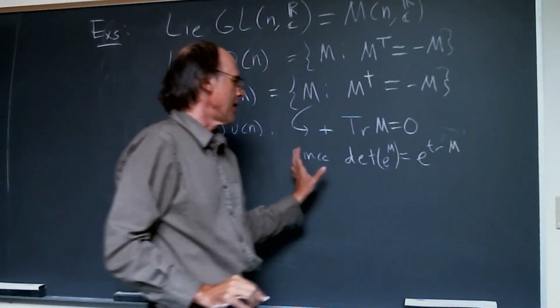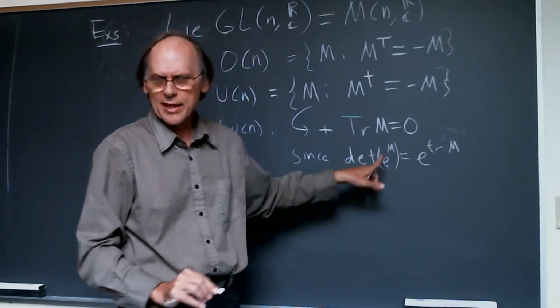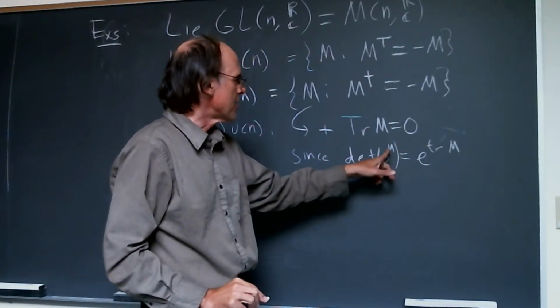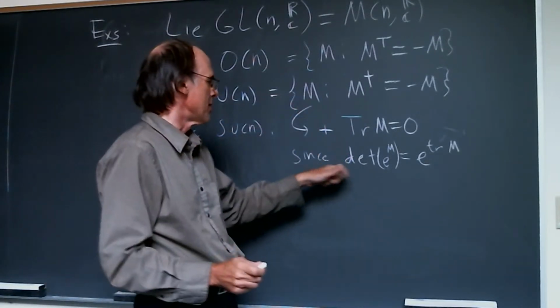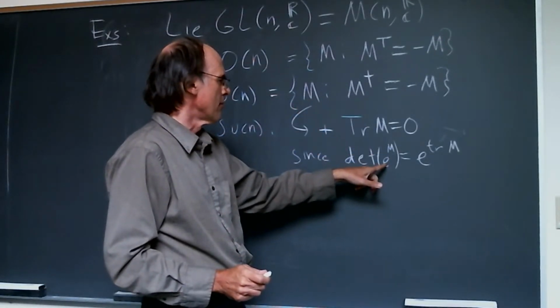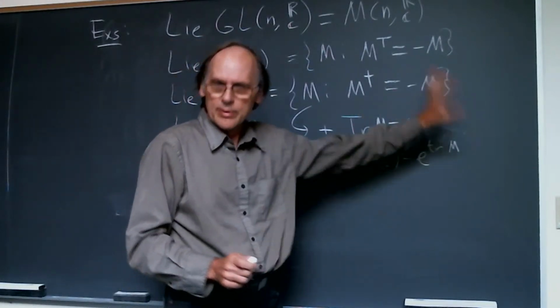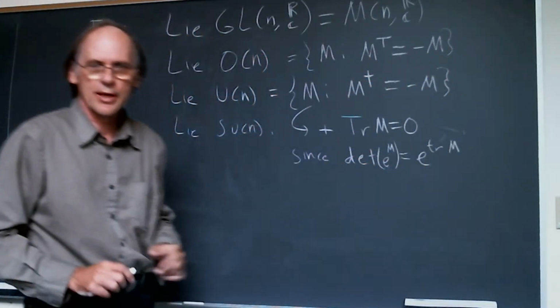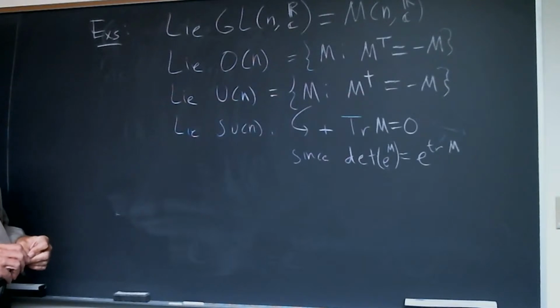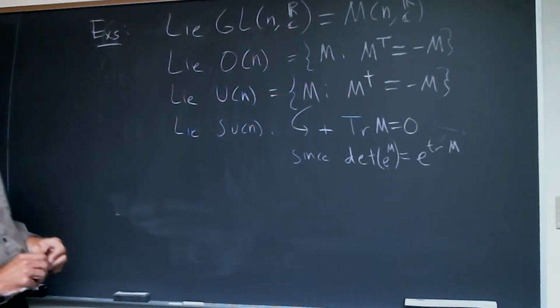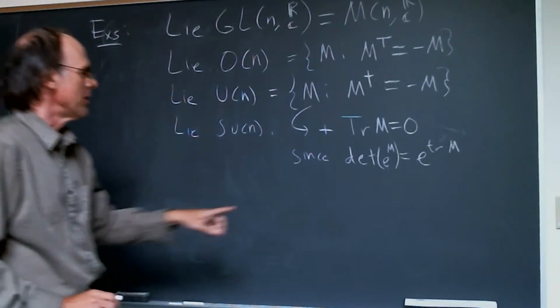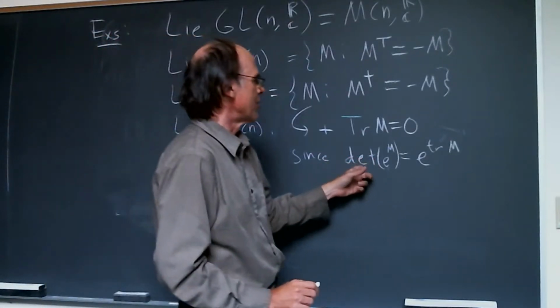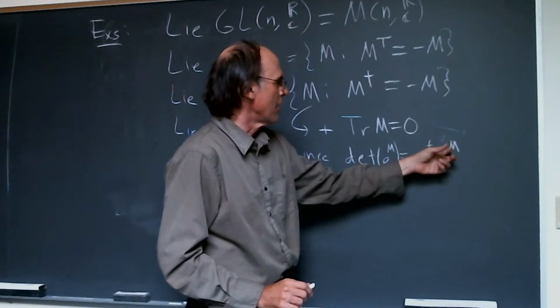The way to tell which is right is to think about a diagonal matrix. If it's a diagonal matrix, the determinant is just the product of the diagonal elements. Anyway, there is a formula that relates the determinant to the exponential of the trace.